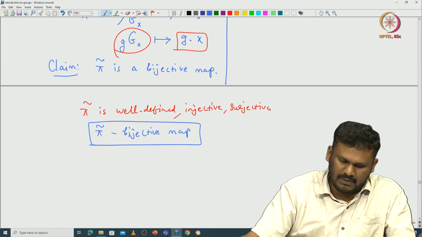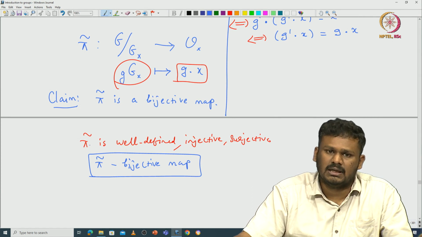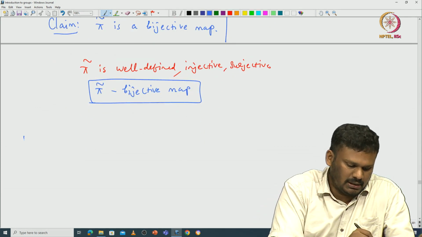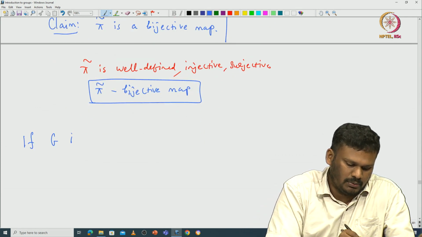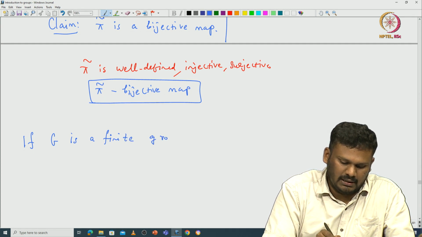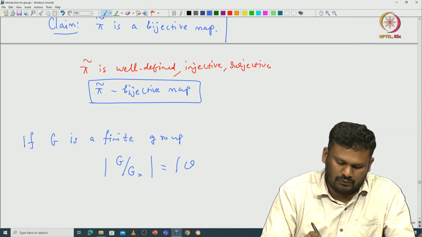So the cardinality of G modulo Gx, whatever it is, is the same as that of the orbit of x. In particular, if G is a finite group, then the cardinality of G modulo Gx is the same as the cardinality of the orbit.